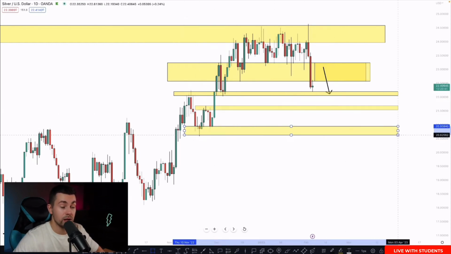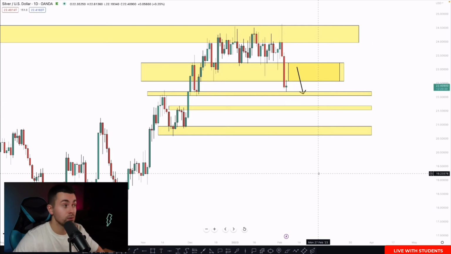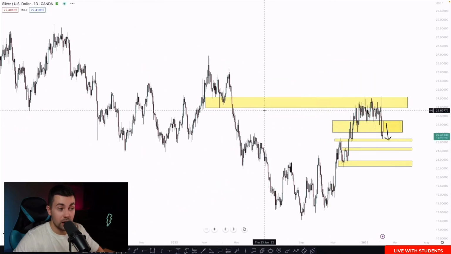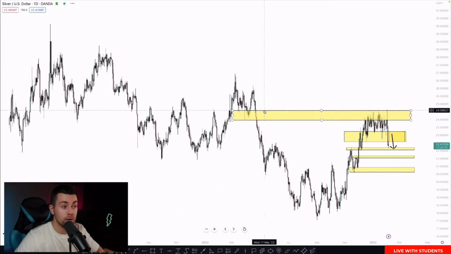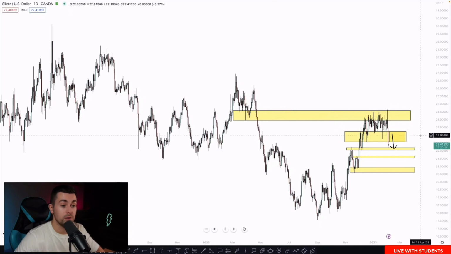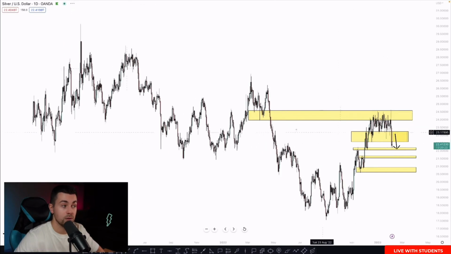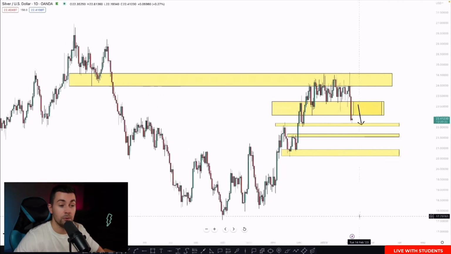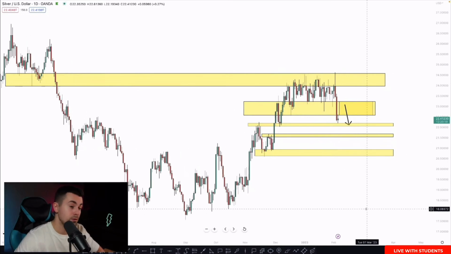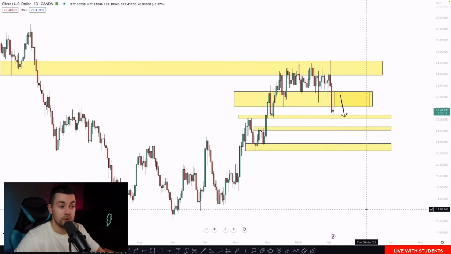And after the breakout of that support, the bias on silver is very bearish, and the bearish breakout of the support of the range here is very important. It makes me bearish, and I won't even be surprised if after that breakout the price will return to a global bearish trend. So the bias right now is changing here on silver, and let's watch how low the market will go.